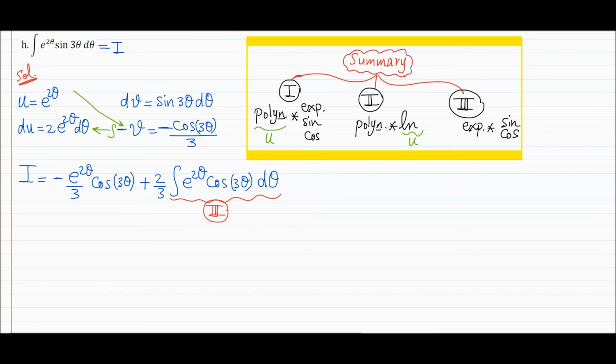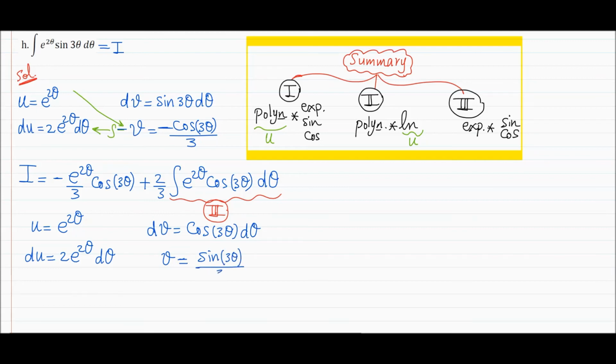So here I will make integration by parts again. u equals e^(2θ) and dv equals cos 3θ dθ, du equals 2e^(2θ) dθ, and v equals sin 3θ over 3, and I will make my ladder.